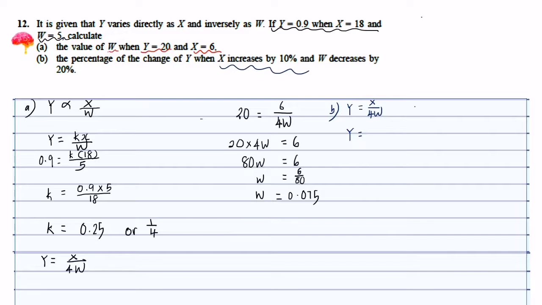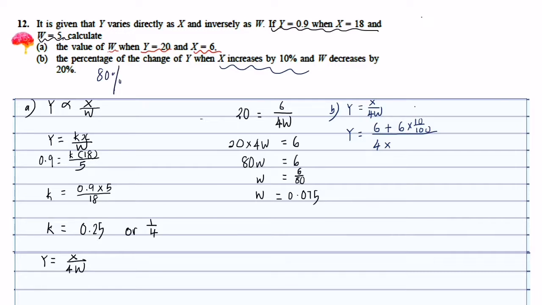The original S is 6. So 6 plus 6 times 10 over 100, over 4 times W decreased by 20%, means still have 80%.